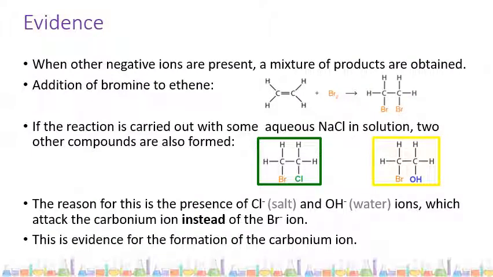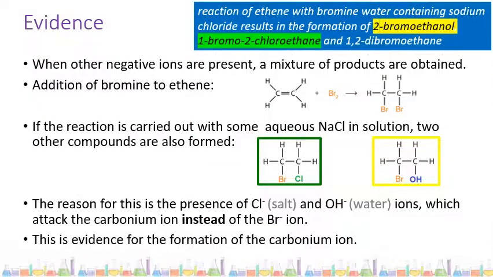Since we can't produce the carbonium ion, or we can't isolate it, we need to provide evidence for the validity of this mechanism. The evidence comes to light when we add other negative ions to the solution. When we do that, a mixture of products is obtained. When we went through our example using the XY molecule, the only anion present was the Y- ion.